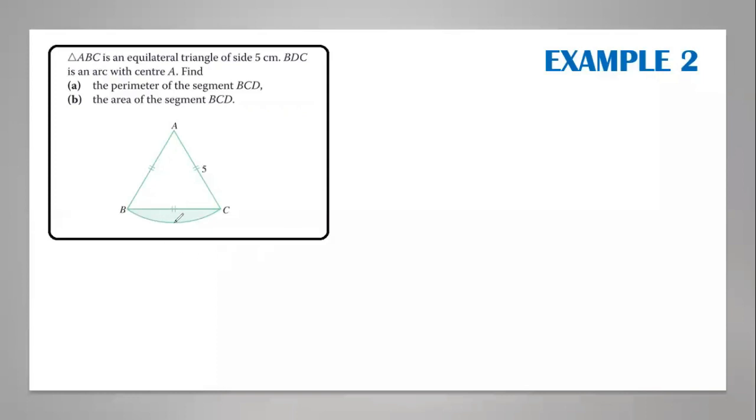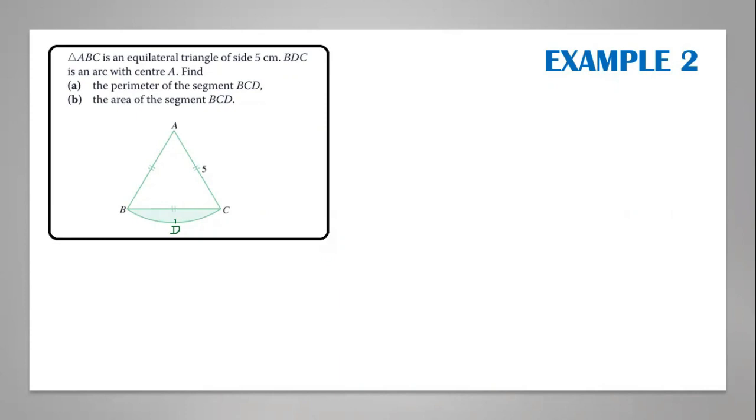BDC is an arc with center A. Find A, the perimeter of the segment BCD. B, the area of segment BCD.